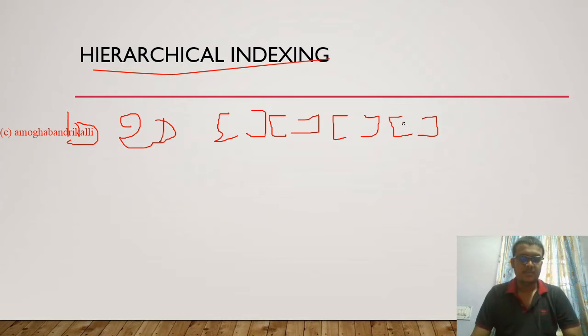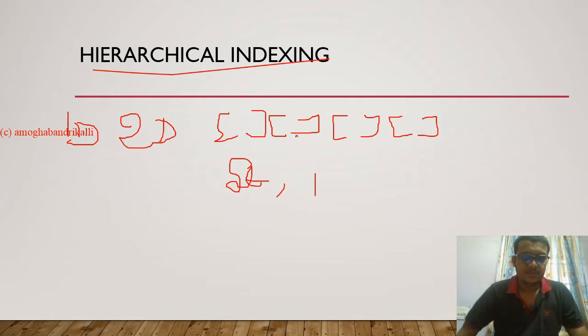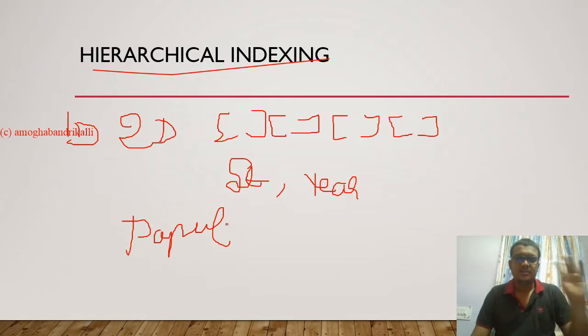Here again we are going to take states with population, or state name with a year, in which year the respective state, and in that year what is the population. So we have three values here.